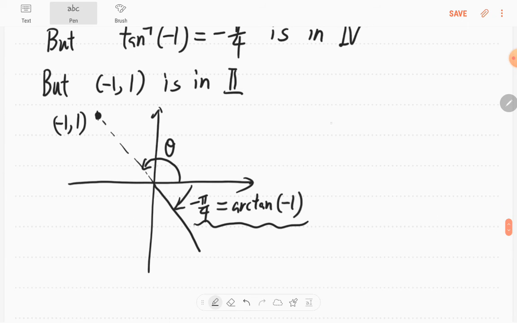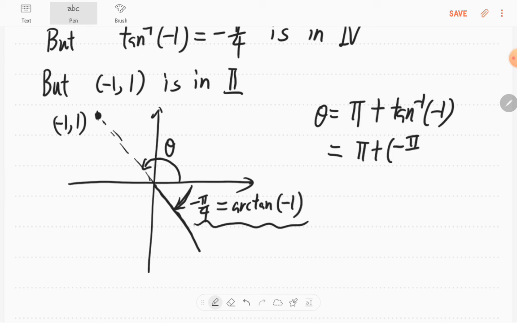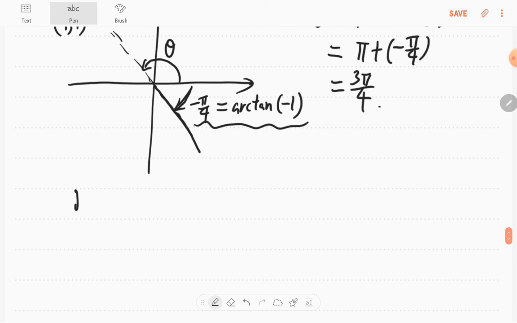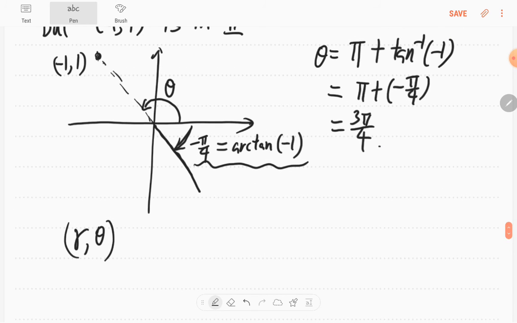Theta is equal to, we just add pi. -pi over 4 is on this terminal side. We add pi to get an angle on this terminal side. So that is pi plus tangent inverse of -1, which is pi plus -pi over 4, which is 3 pi over 4. So our polar coordinates for this point are actually square root 2 and 3 pi over 4.